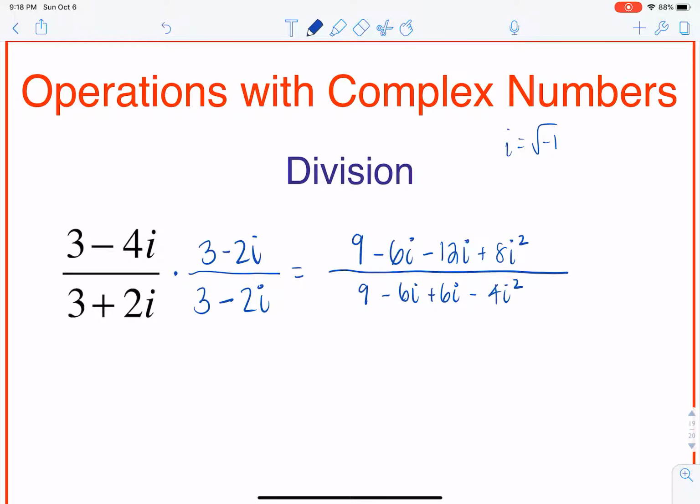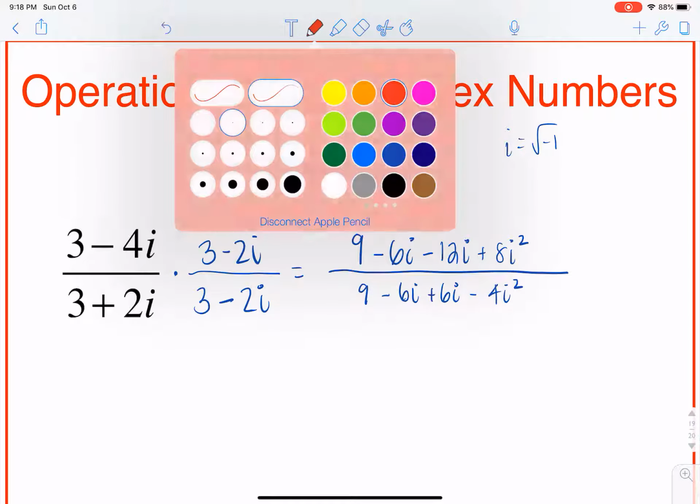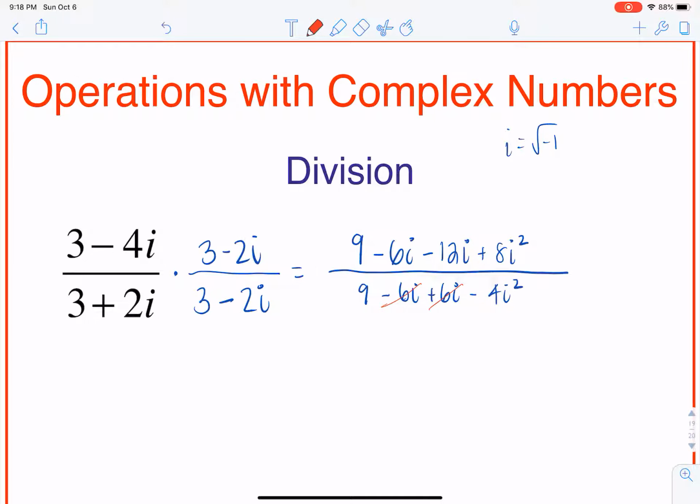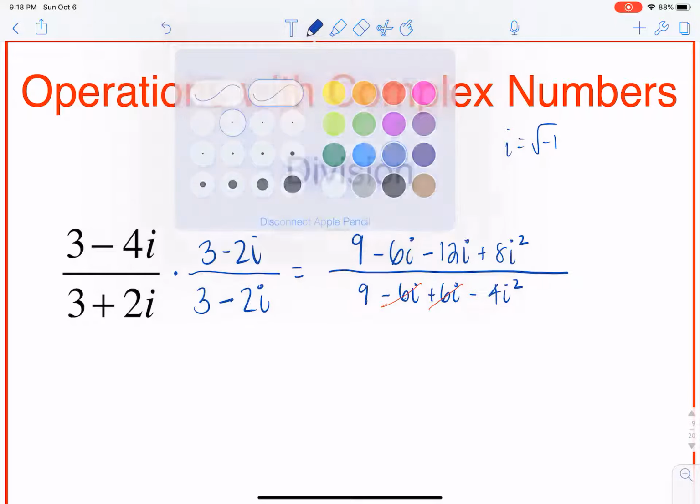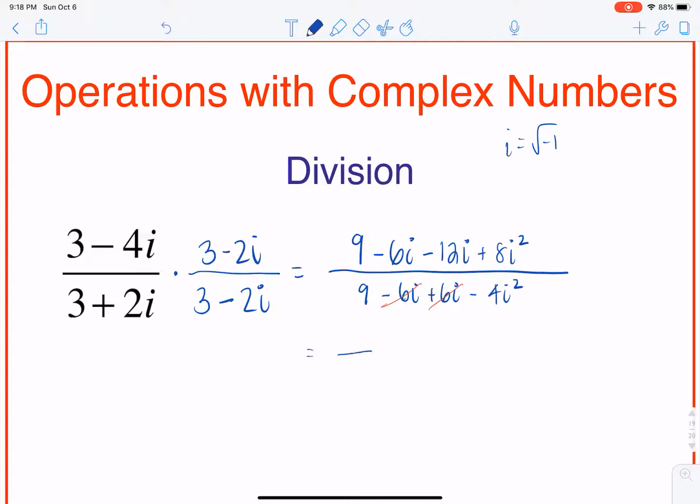So we can see what ends up happening in the denominator here is my middle terms will simplify out with each other, and I'll go ahead and just move forward with simplifying this problem.